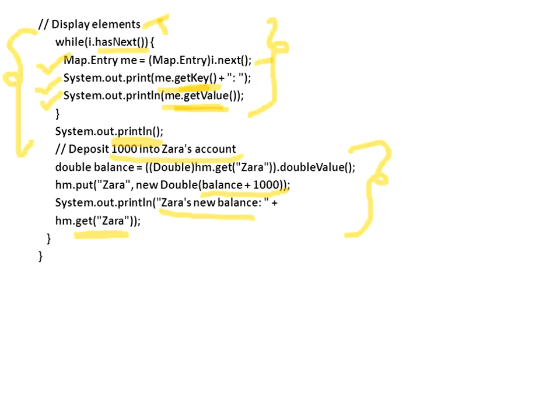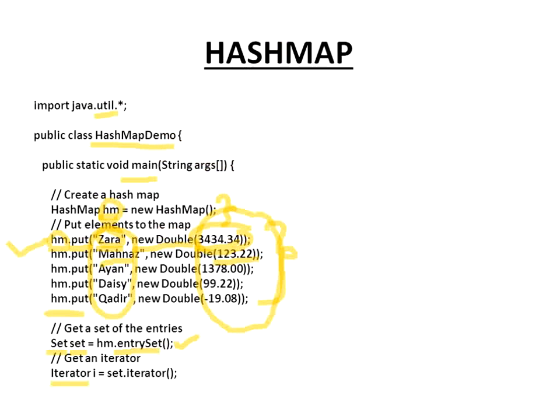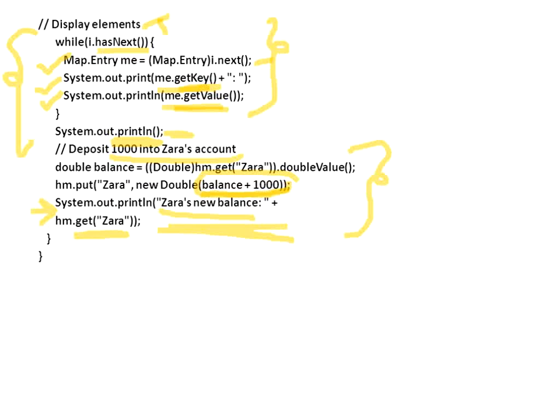And after that, there will be a space because you have system.out.println. And then system.out.println Zara's new balance. And what is Zara's new balance? It is balance plus 1000. So earlier the balance was 3434, and 1000 is added to it, and this key is also printed.